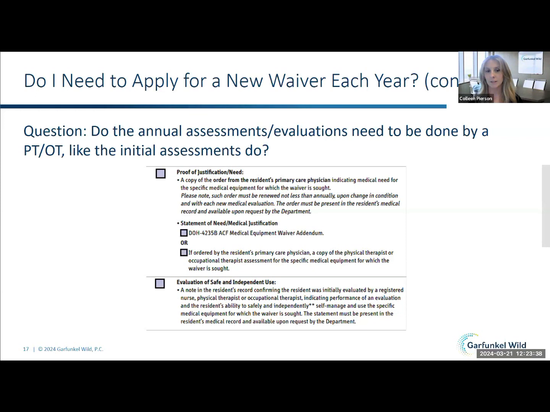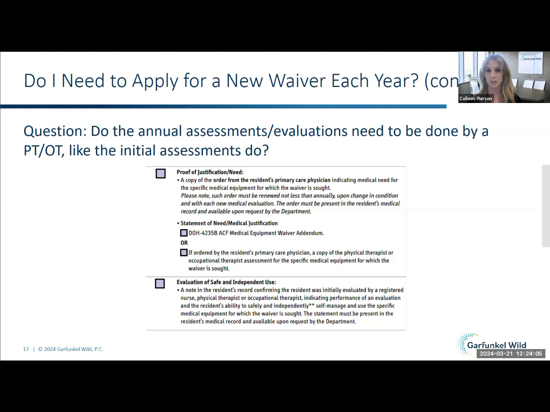So the question is, this is what you have to do initially, but then every year thereafter, when you're evaluating this resident for safe and independent use and for need, does that need evaluation always have to be done by a PT/OT, or can the registered nurse, who's also perhaps doing the evaluation of safe and independent use, also evaluate the resident's need for the equipment?